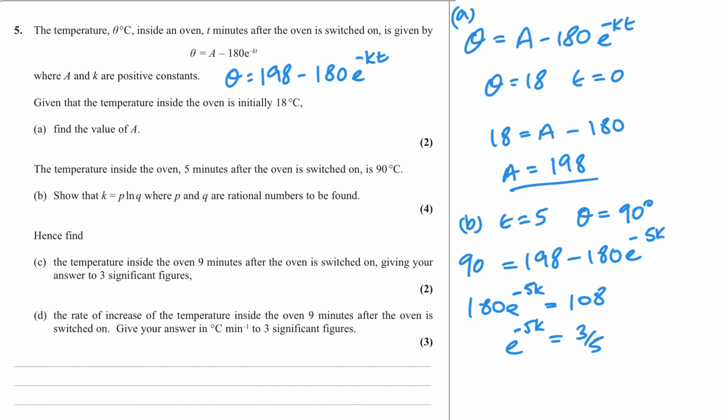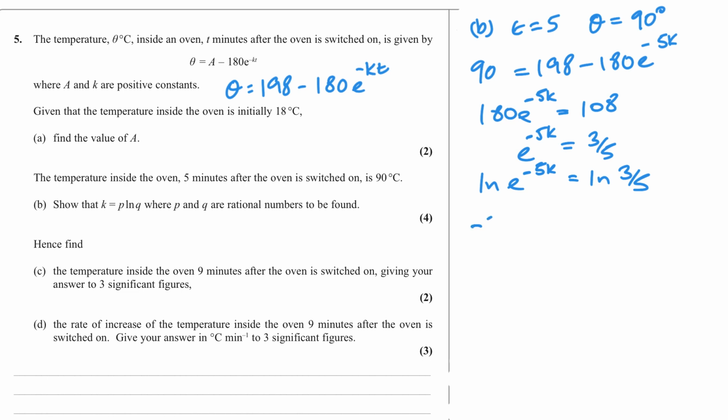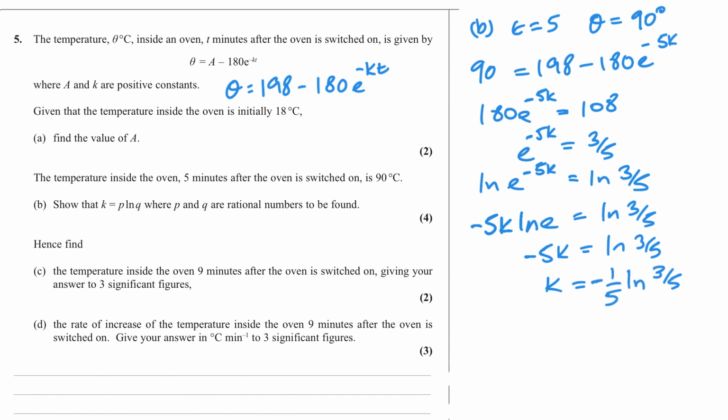Now what I want to do is take logs of both sides. So this becomes minus 5k ln e, or minus 5k, and divided by the minus 5, and we have k equals minus 1/5 ln 3/5.